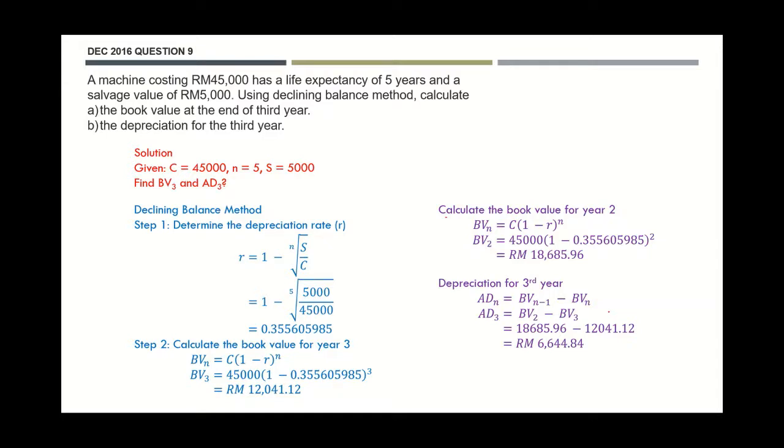We have BV2 equal to 18,685.96 and BV3 as 12,041.12. Calculating the difference, you find that the annual depreciation for year 3 is simply equal to RM6,644.84. Okay, so that is the annual depreciation for year 3.